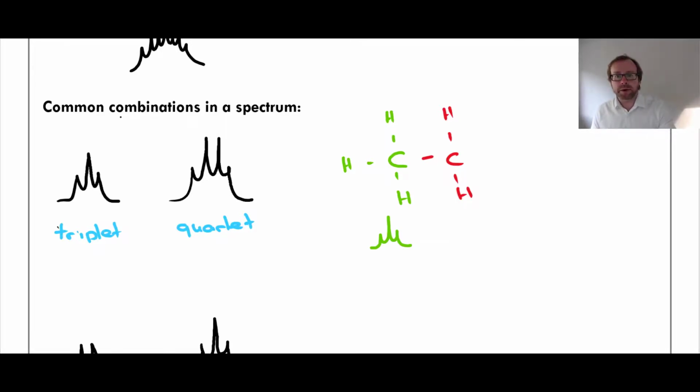My proton environment with 2 hydrogens is next to a carbon with 3 hydrogens on it. Therefore, according to the n+1 rule, it will split into a quartet. So in this example, my quartet would be a CH2 and my triplet would be a CH3.